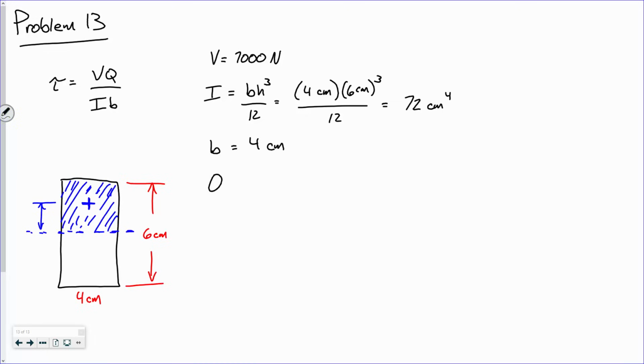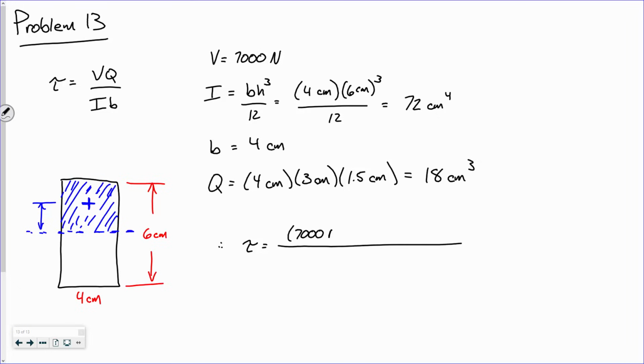So Q is going to be 4 times 3 times 1.5. Actually, what does it come out to be?